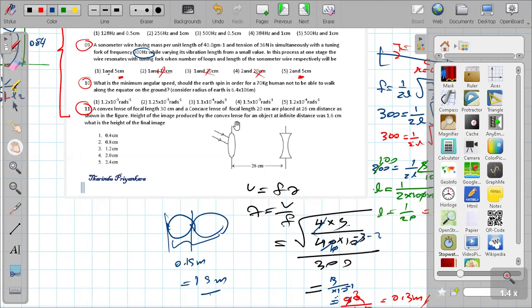Can't find the number of loops here. There is a certain mistake in the question somewhere.